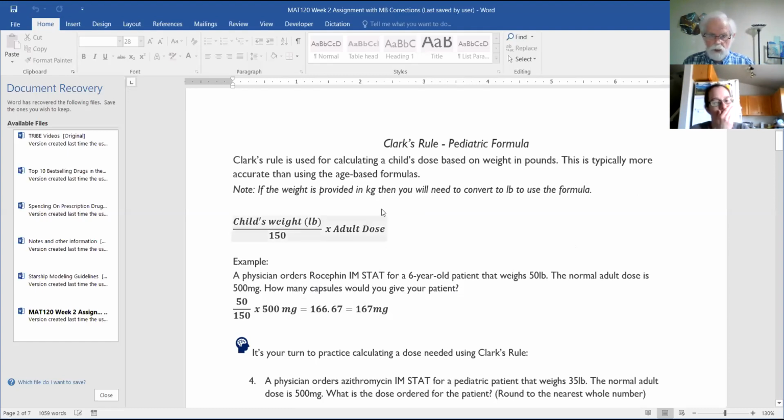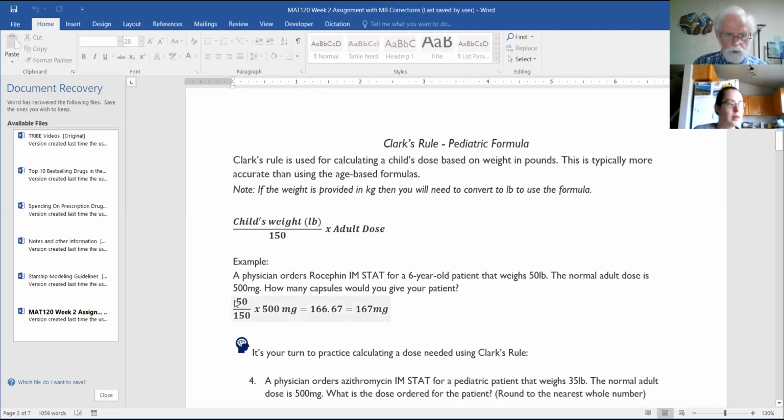That's not ever going to work. But this is something that needs to be changed in the assignment, and it hasn't happened yet, even though I have requested that change. The normal adult dose is 500 milligrams. So forget this; it should be how many milligrams would you give to your patient? And we'll see this several times.